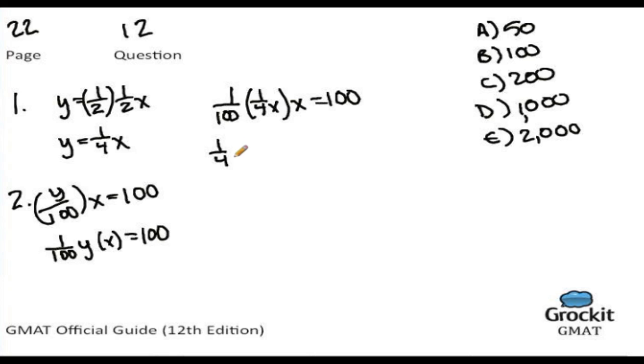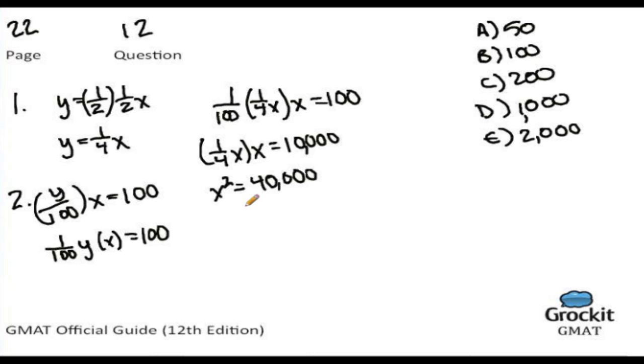So we're given 1/4 x times x equals 10,000. We can also simplify this expression and multiply both sides times 4. So x times x is x squared, and multiplying both sides times 4 to get rid of the 1/4 fraction here on the left, we end up with x squared equals 40,000.